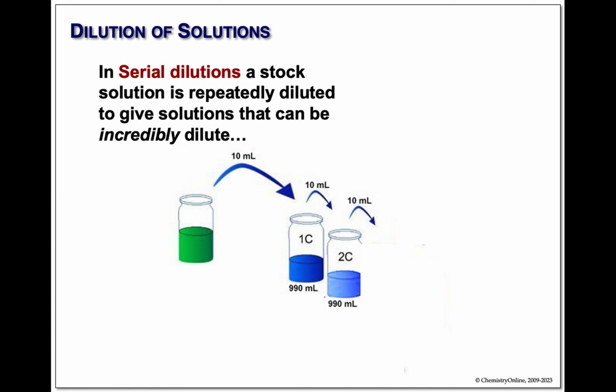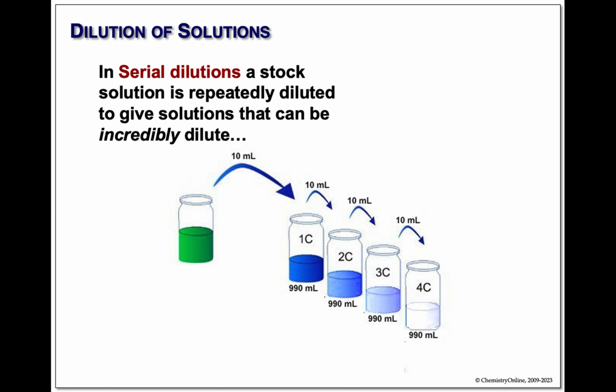For example, we have a stock solution with something in it. We know the molarity. We take 10 mils of it out, add it to 990 mils of water. We wind up with a liter that has been diluted 100-fold. Take 10 mils of this, add it to more water.